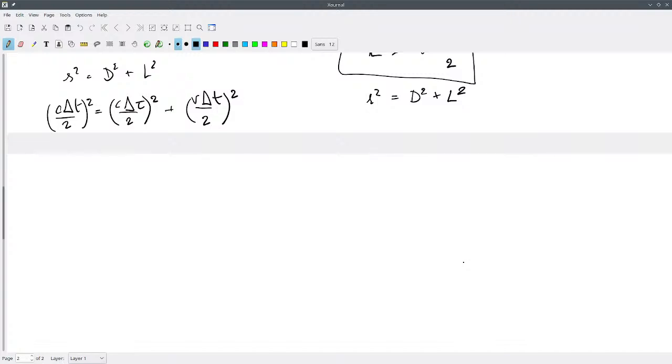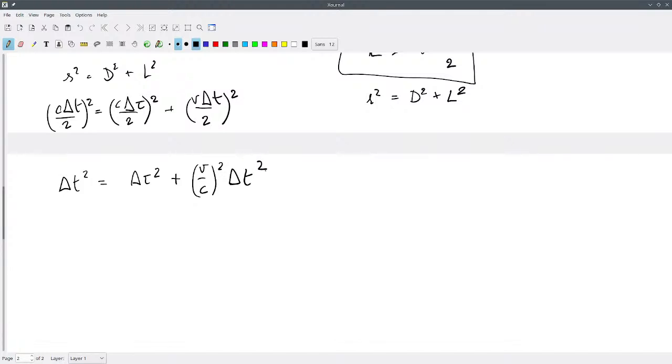So that's the expression we have that, again, must be true and is only following from our postulates of special relativity. Now we can, of course, divide out the c squared, multiply by 2 squared. So then we get delta t squared is delta tau squared plus, since we're multiplying with 2 squared and dividing by c squared, we get v over c squared times delta t squared.